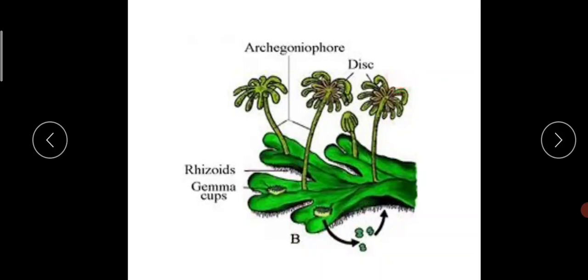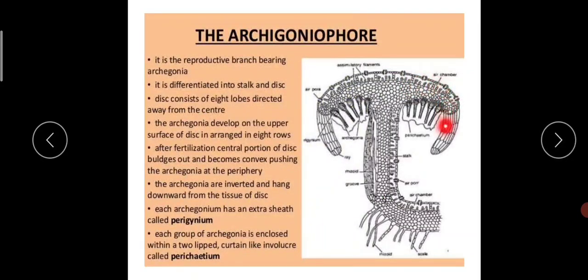The central or dorsal regions grow faster than the ventral surface, so more cells are produced on this surface, and this causes curvature. Because of this change in growth pattern, the disc is pushed downwards and inward also.